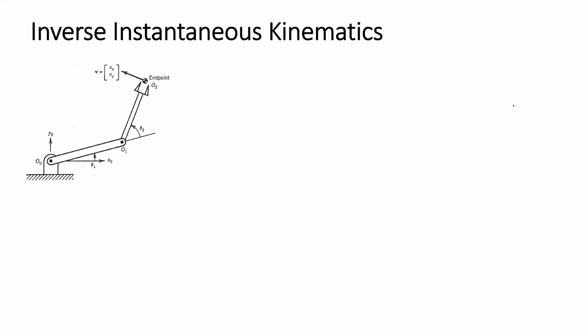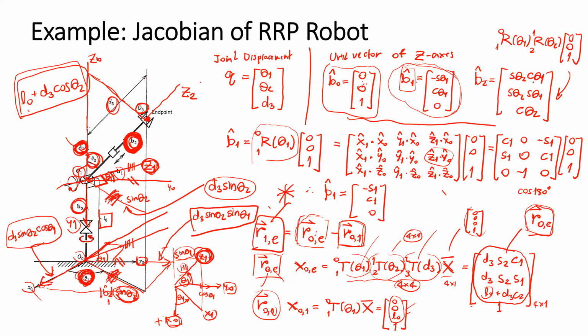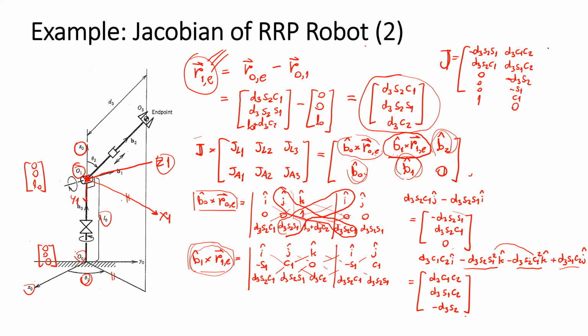And B2 will be, wow, sine 2 cos 1, sine 2 sine 1, and cos 2, right?